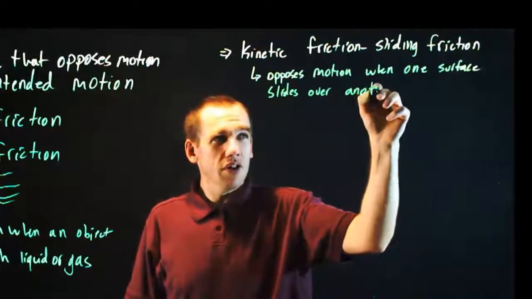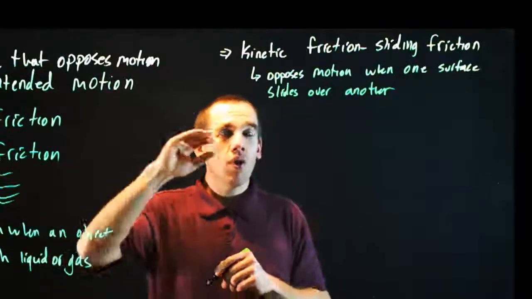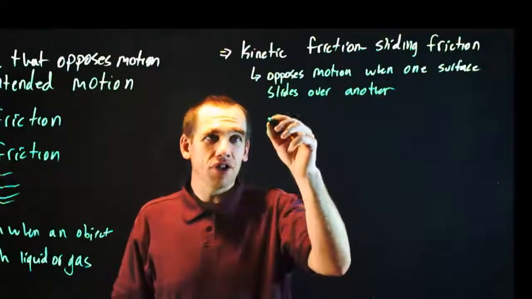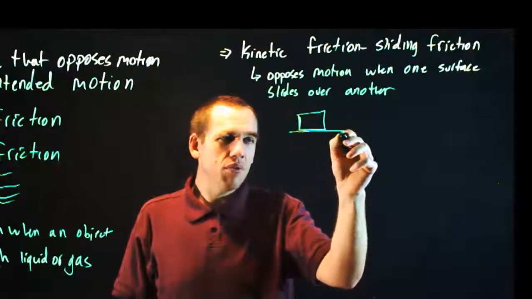Okay. So just like we had to have an agent that caused that fluid friction, it's the molecules of the fluid, we need an agent that causes this sliding friction. And that's because we have two surfaces in contact with each other. They're being pushed into each other.